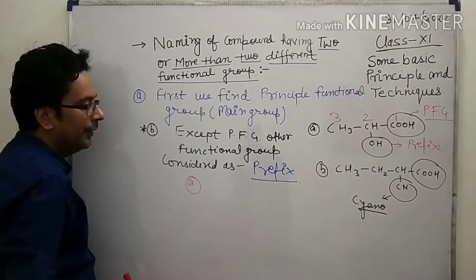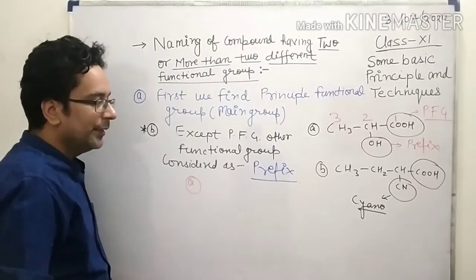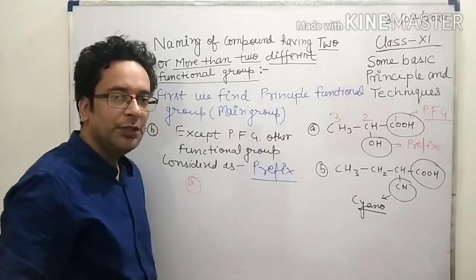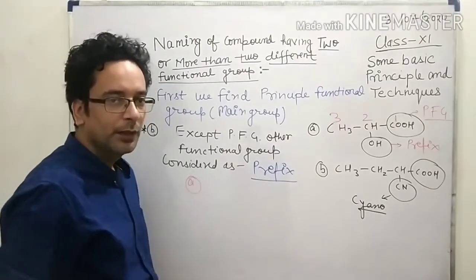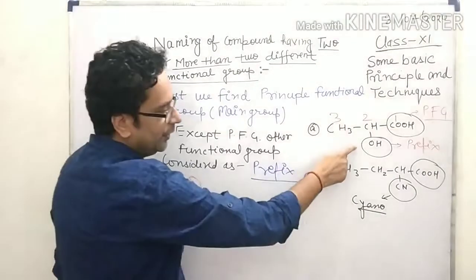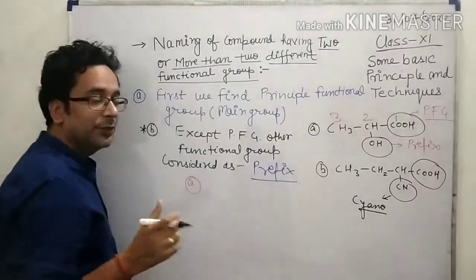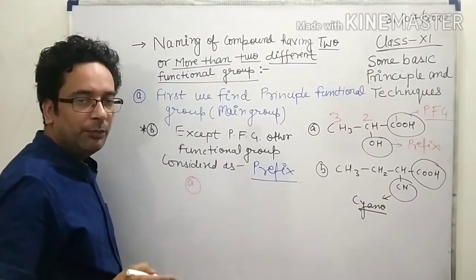So what is the name of compound A? Now OH is an alcohol group, but when alcohol is used as prefix then the word used is hydroxy, and the position of hydroxy is second. What is the sequence of writing the name of an organic compound?